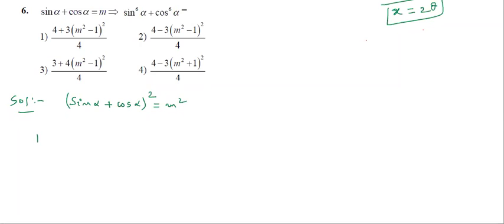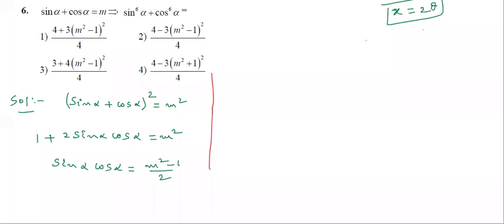Sin square alpha plus cos square alpha is 1, plus 2 sin alpha cos alpha, that is equal to m square. Finally, here what is the sin alpha cos alpha value, students, tell me? First send the 1 to the right hand side as minus 1, and 2 also goes to the denominator. So we got the sin alpha cos alpha value.